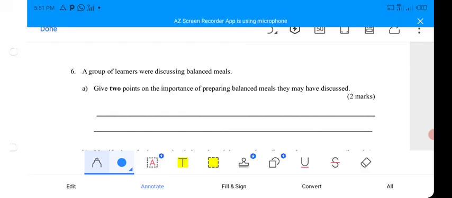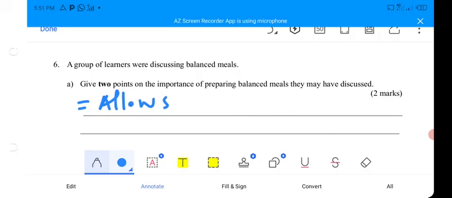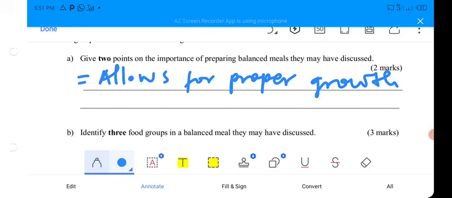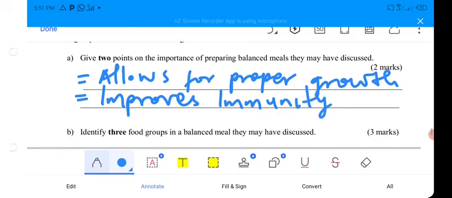So a balanced meal enhances growth, allows for proper growth in humans. Also, a balanced meal improves immunity because it contains all the required nutrients for the body.